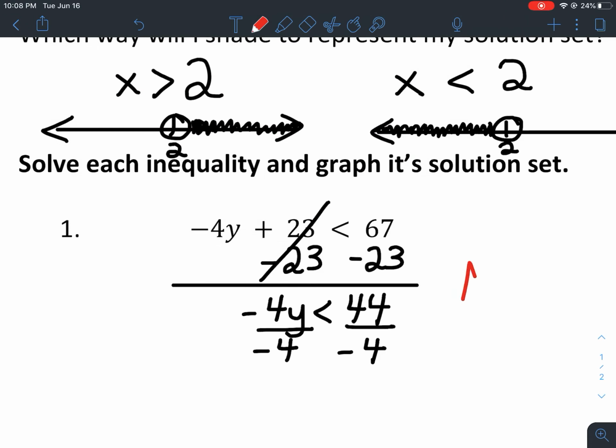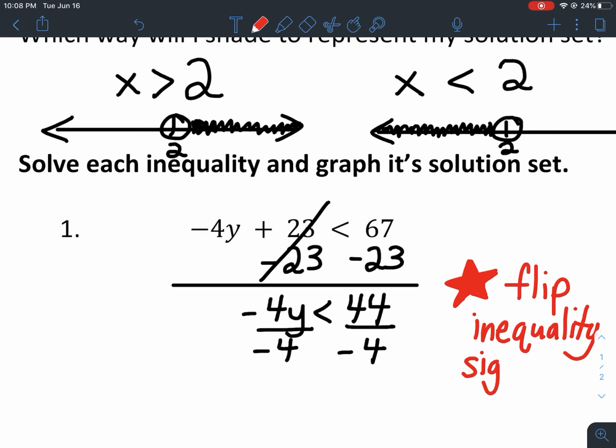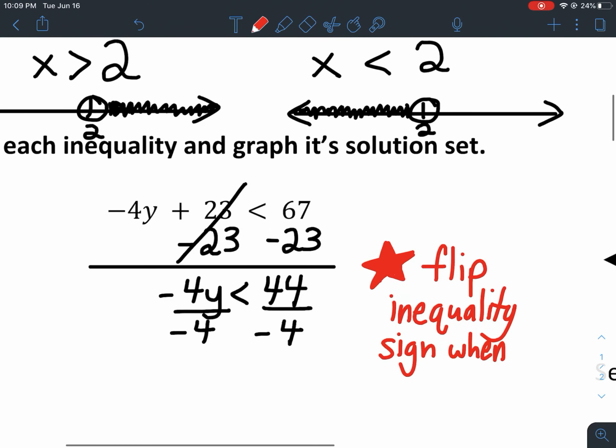The only thing you have to remember, and I might put a star or write this down somewhere, anytime you're working with inequalities and you end up multiplying or dividing by a negative, you're going to have to flip the inequality sign when you multiply or divide by a negative.